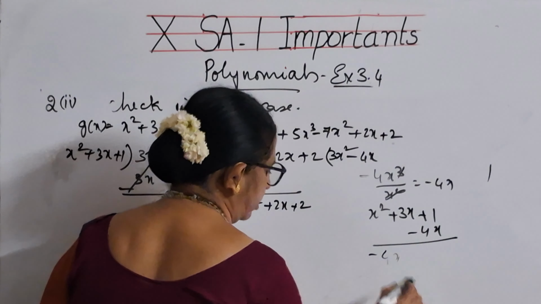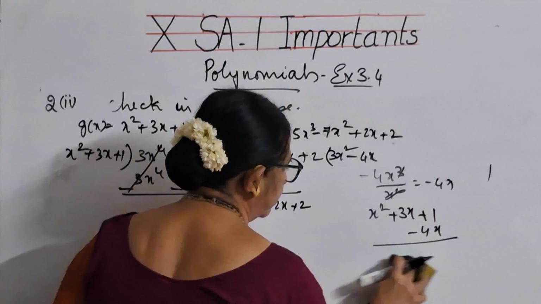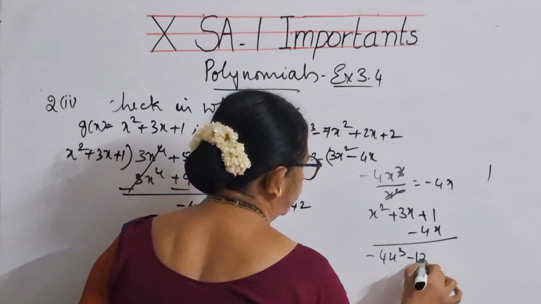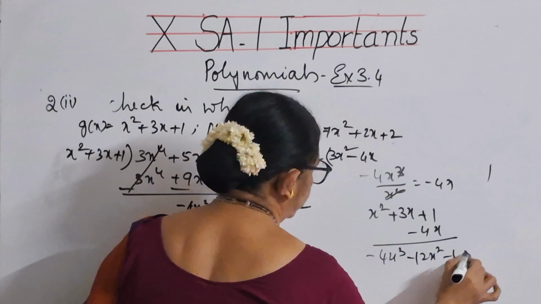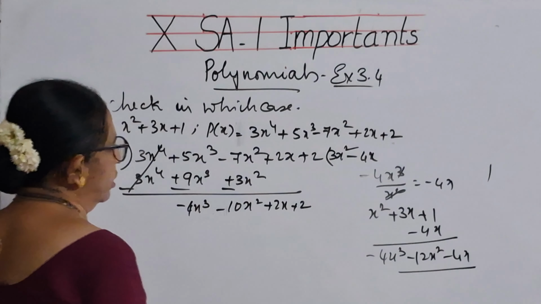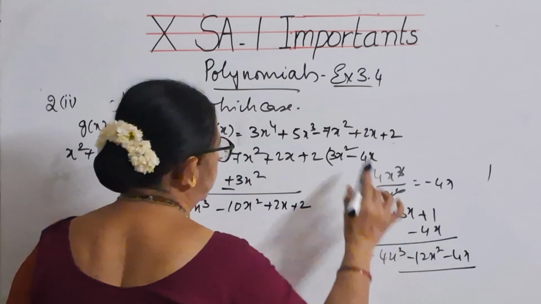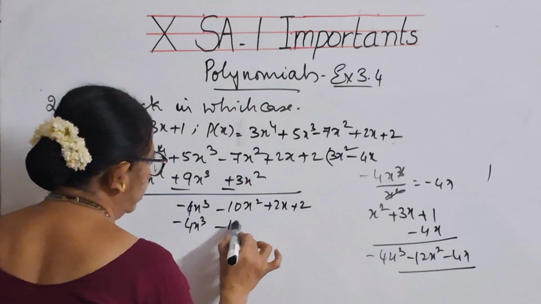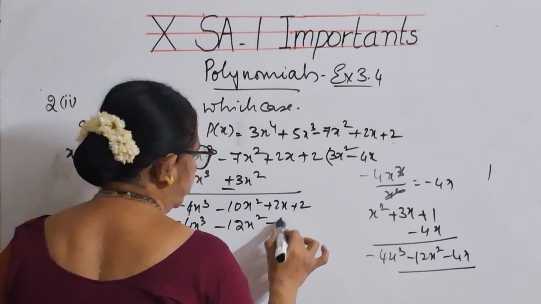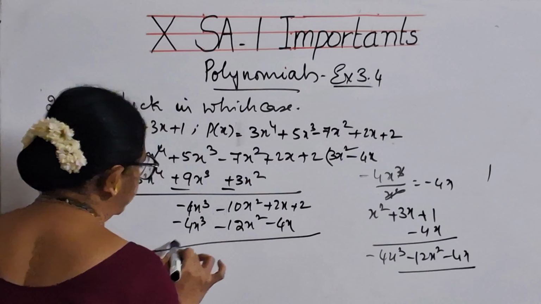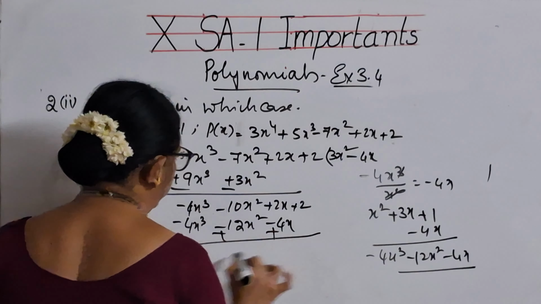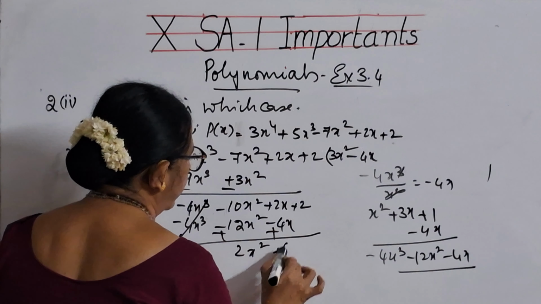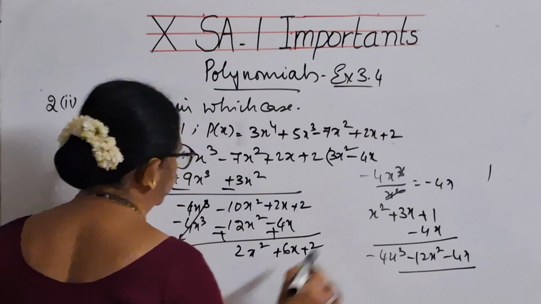What are you getting, children? If you are multiplying by minus 4x, minus 4x cube minus 12x square minus 4x. Now subtract, children, the signs will change. These two will get cancelled. 2x square plus 6x plus 2.